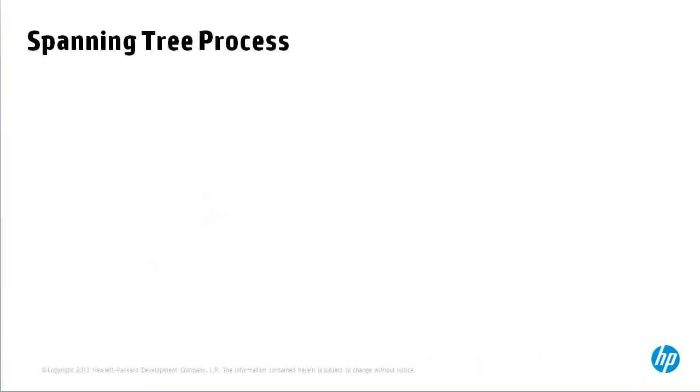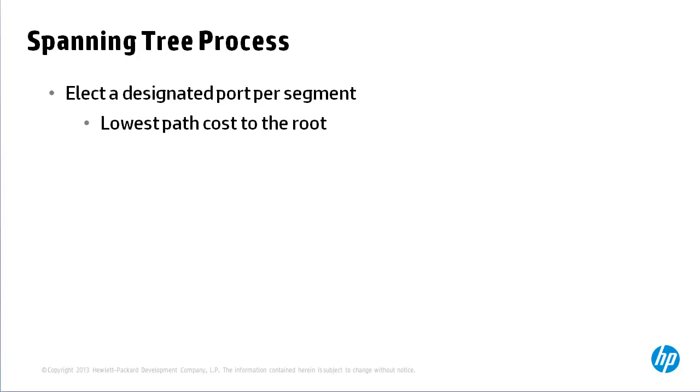Once the root ports of switches have been chosen, the next selection criteria is to elect designated ports, and this is done on a per segment basis. The decision criteria is very similar to root port selection. The first option is to choose the port that has the lowest path cost back to the root.